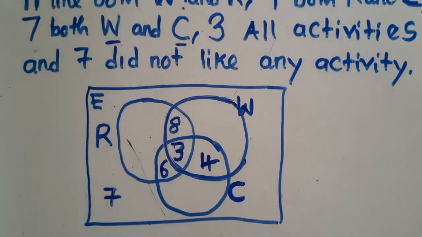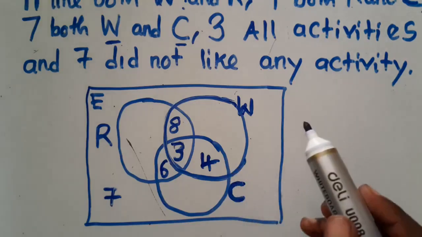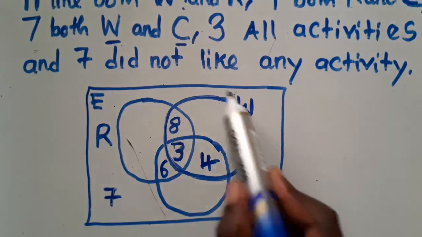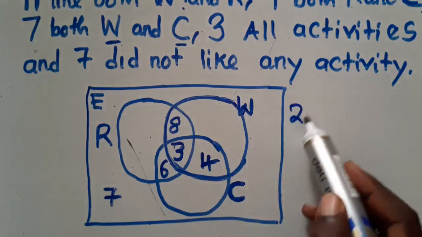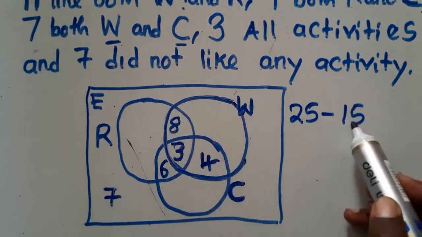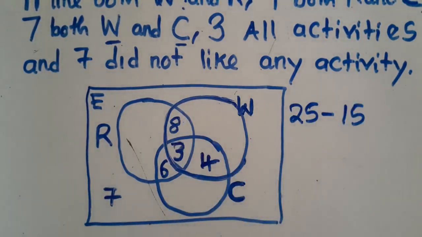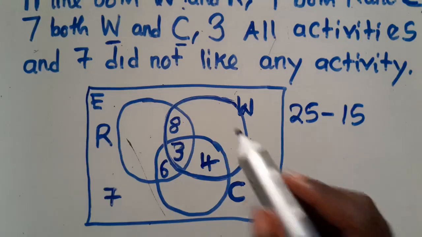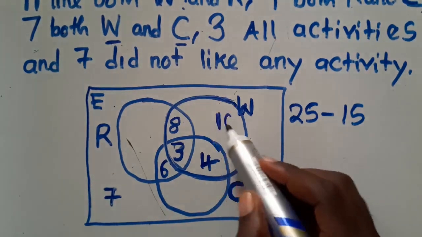So you say 8 plus 3 plus 4. What answer are you getting? You're getting 15. The people that like walking are 25, so you say 25 minus the 15 that is already in this set. 25 minus 15, what answer are you getting? You're getting a 10. So we've got a 10 there.